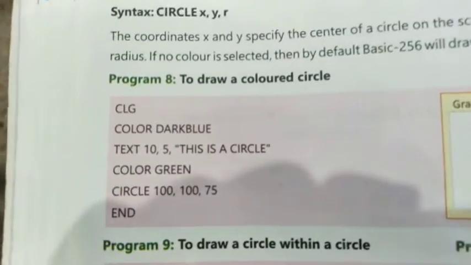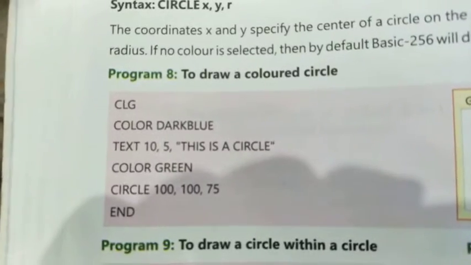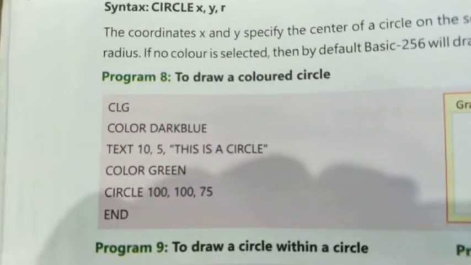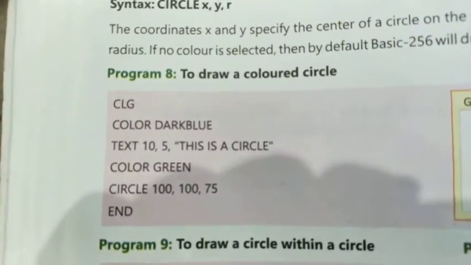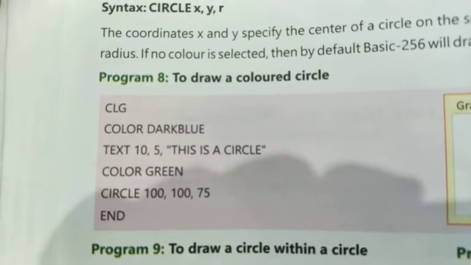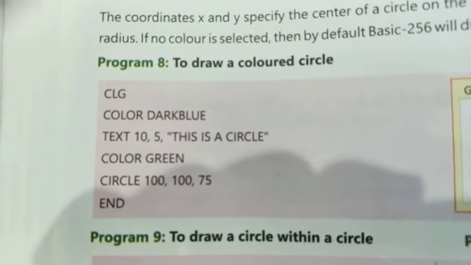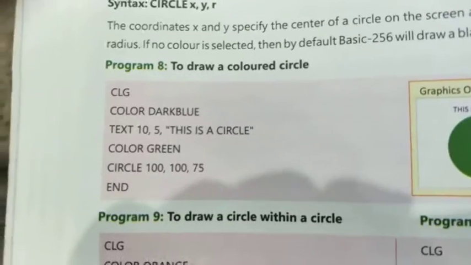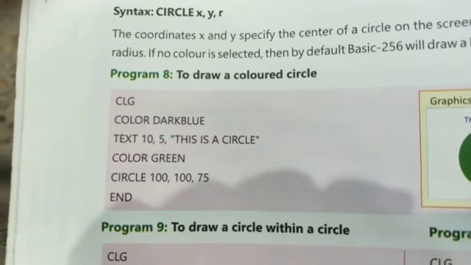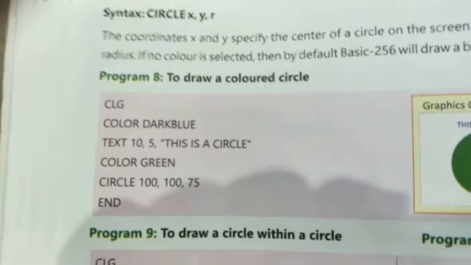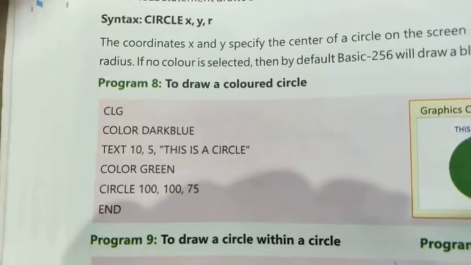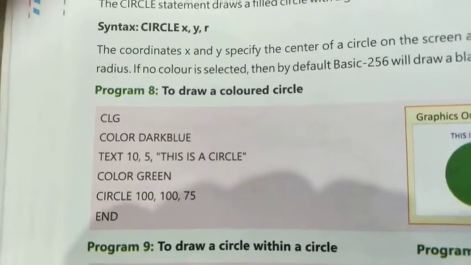So here is the program to draw a circle with a dark blue outline. The filled color will be green and the line color will be dark blue.